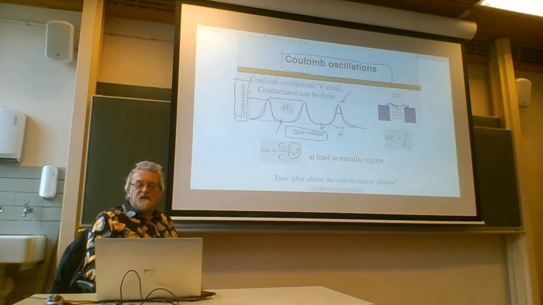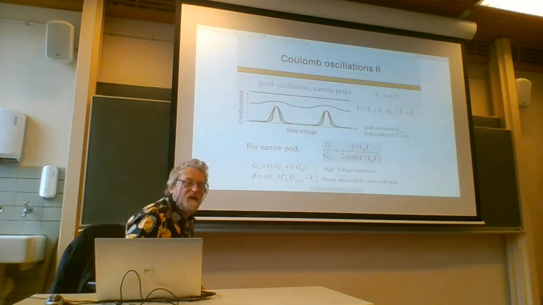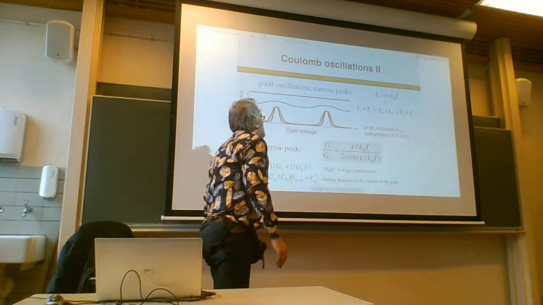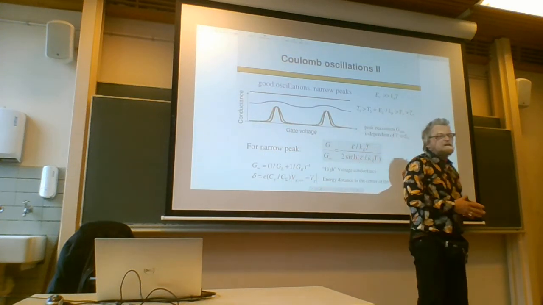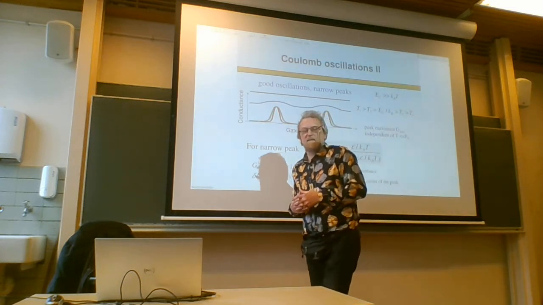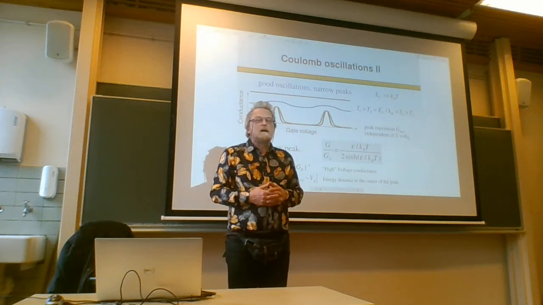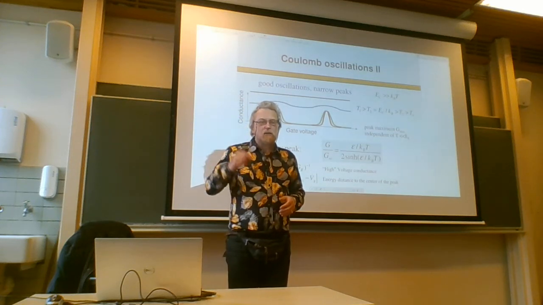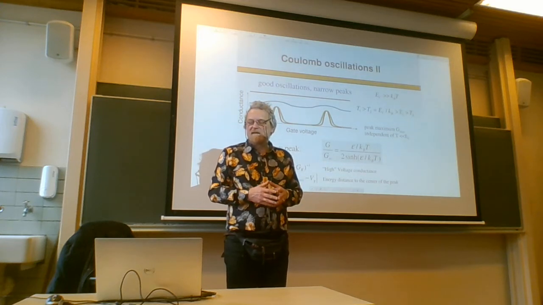Fine. Periodic peaks. Let me shortly discuss what happens if we increase temperature. Well, I told you that the width of these peaks is determined by temperature. There are regions where the energy to overcome Coulomb blockade is small, smaller than temperature.